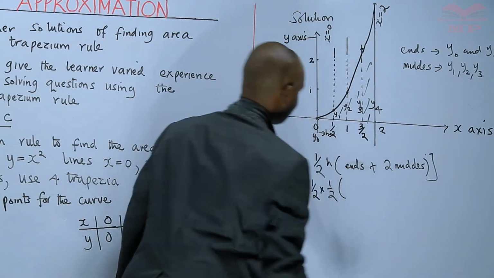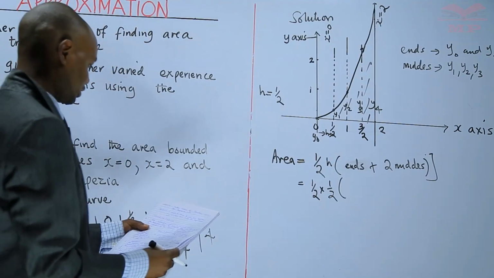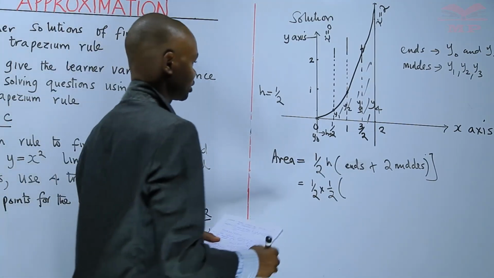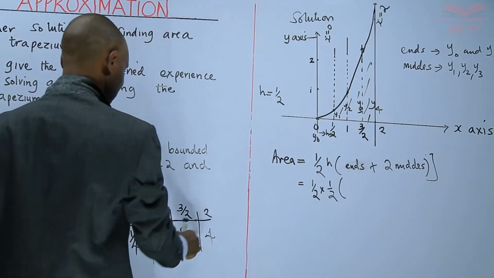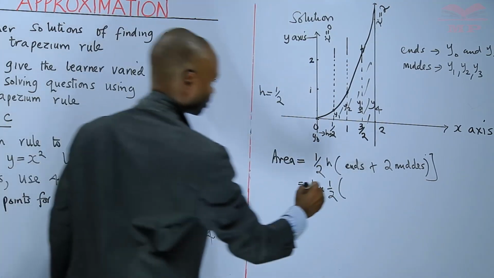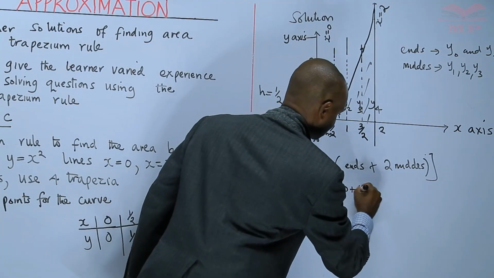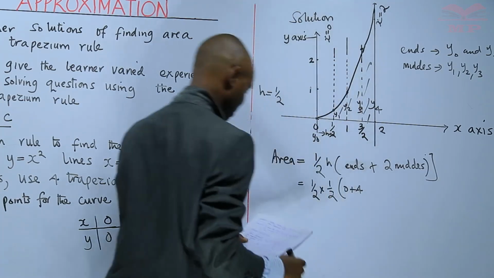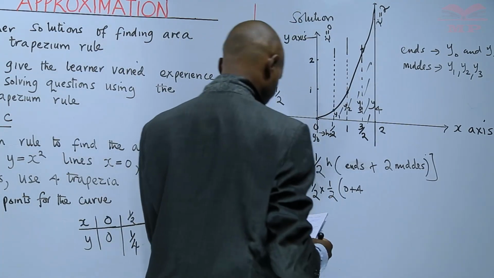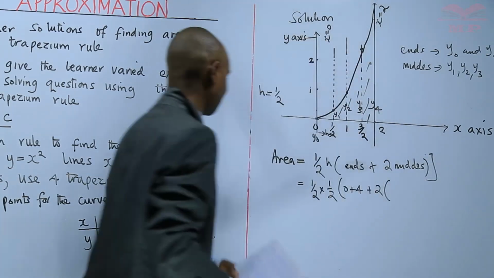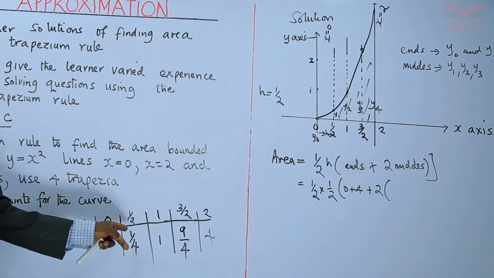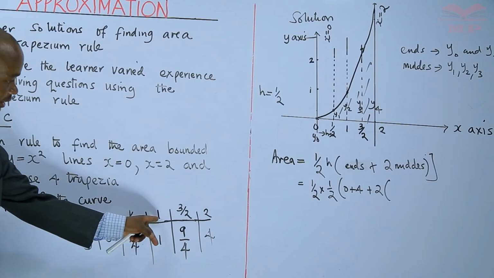times a half. The ends, we are talking of 0 and 4. So we are talking of 0 plus 4. Then you move to twice. What are the mid-ordinates? The mid-ordinates are the values you actually got for this, this, and that.